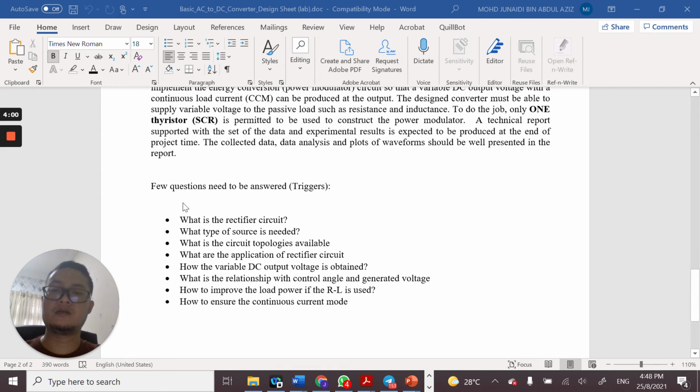Since this is your first lab, we will focus more on the basics of a converter circuit. So we start with the half-wave rectifier. So the first questions that you need to answer, you can get from the textbook or from the internet, but be careful if you want to use the internet, because there are so many sources and you need to filter whether they are right or wrong.